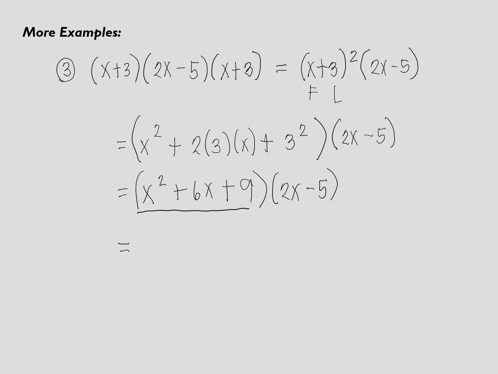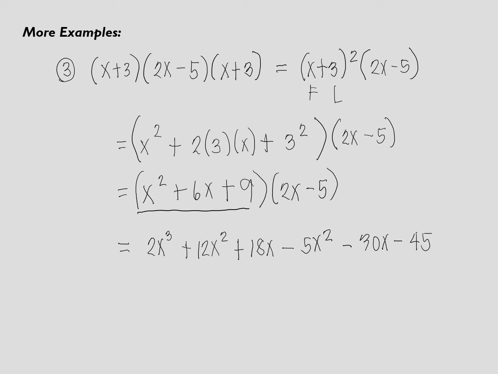So let's begin. 2x times x squared, that's 2x cubed. And then 2x times 6x, that is 12x squared. 2x times 9 is 18x. And then negative 5 times x squared is negative 5x squared. Negative 5 times 6x is negative 30x. And then negative 5 times 9 is negative 45.